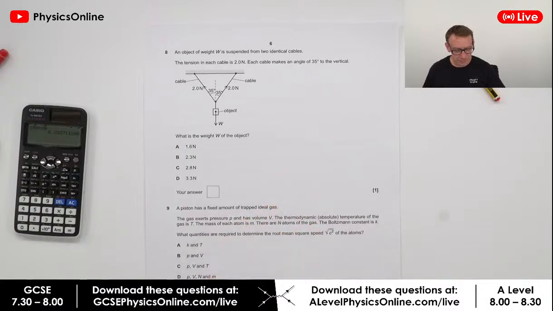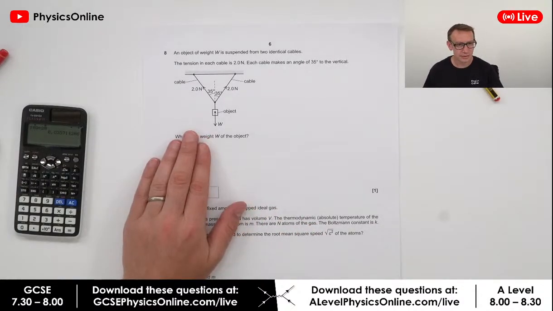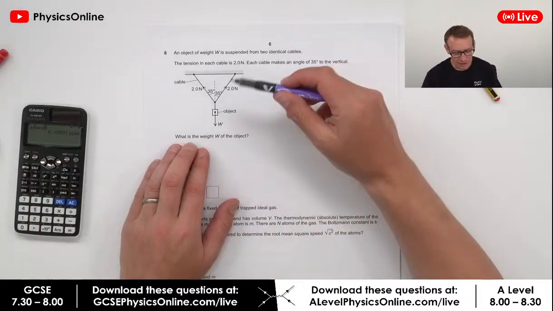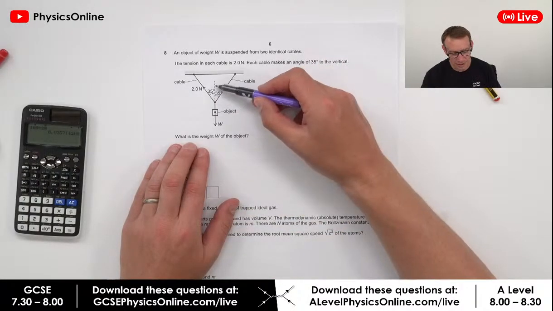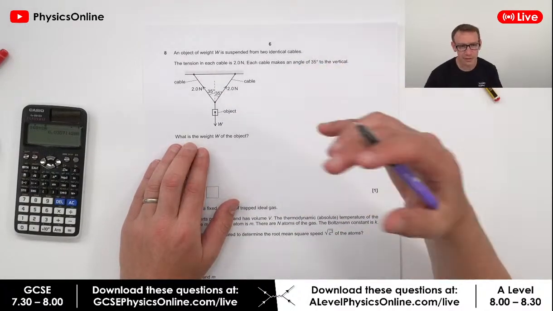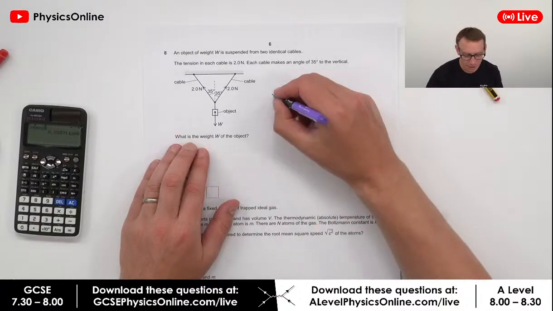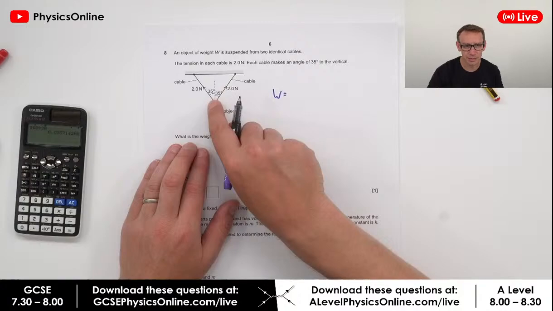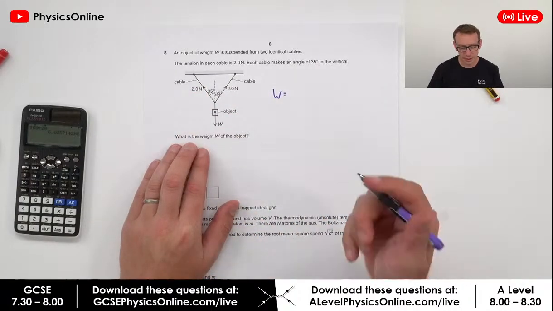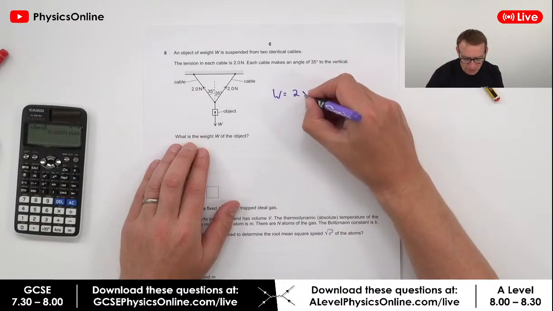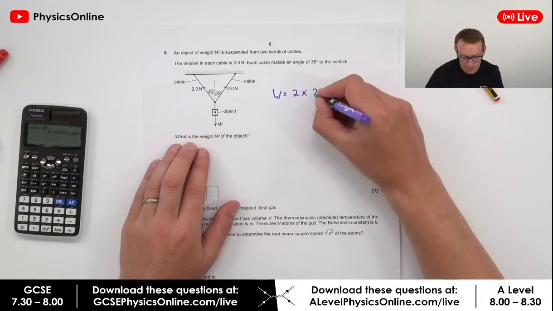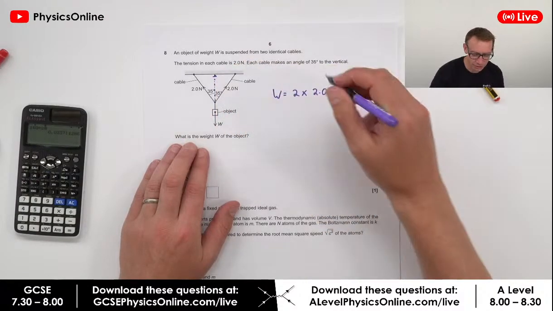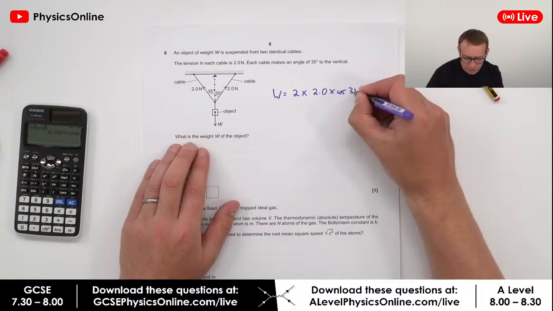Right, this is nice. Again, do not look at the answers. What is the weight of the object? We've got an object, we've got a tension in 2 cables, and if we think about the forces on it, the force down is due to the weight, and that's going to be equal to the tension in this cable plus the tension in that cable, but they're identical, and therefore it's going to be equal to 2 times the tension in each, which is 2.0, and we're going to look at the vertical component of that tension, which is cos 35.